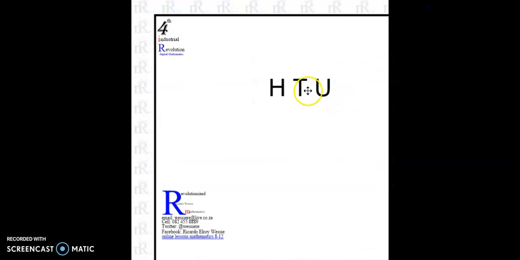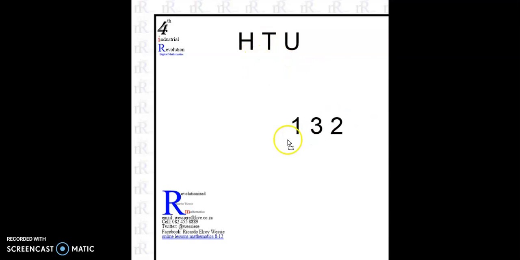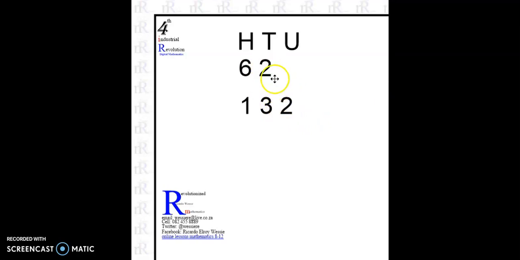The first concept I want to focus on is hundreds, tens and units. When I work with numbers and I have to add 132 to 62, it's important that my positioning of these numbers is in the right place.